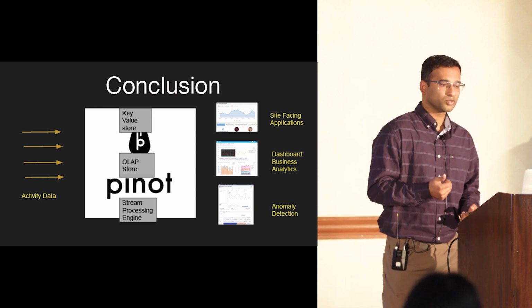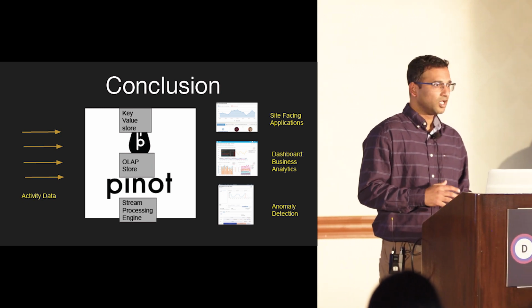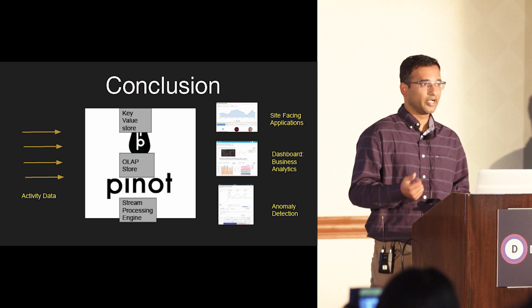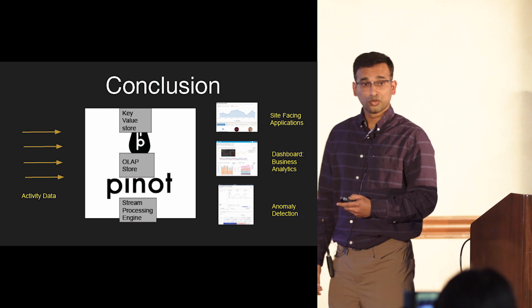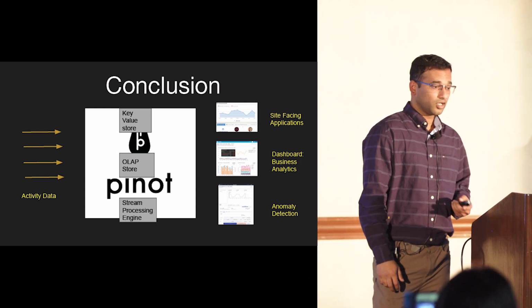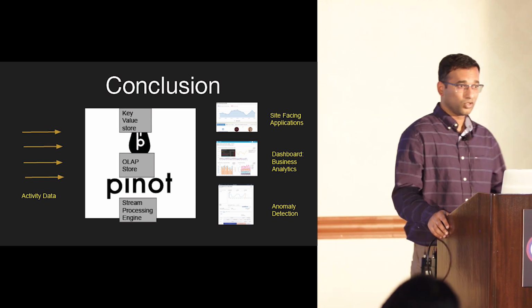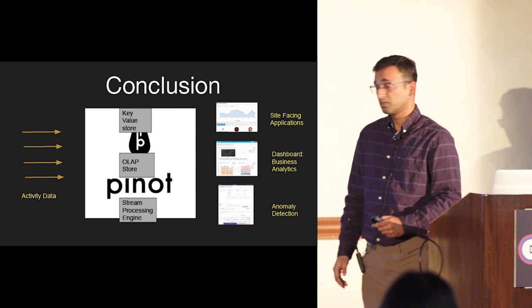You might use a key value store for one, an OLAP store for another, and stream processing for another. This results in a lot of operational challenges in having to build and maintain all these different systems. So our goal was to build one system at LinkedIn that allows us to take care of all these variety of use cases. And that's what we were able to achieve at LinkedIn.